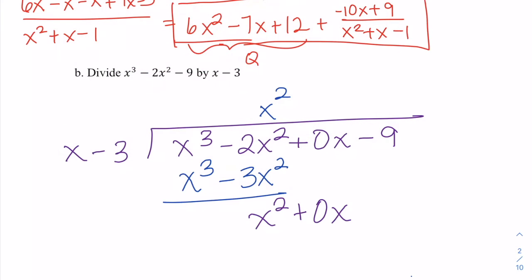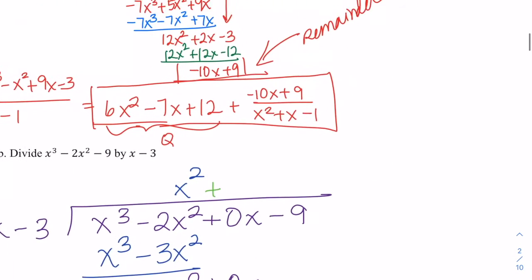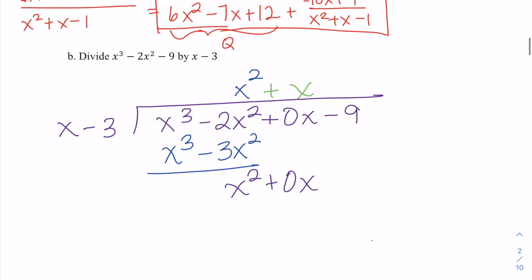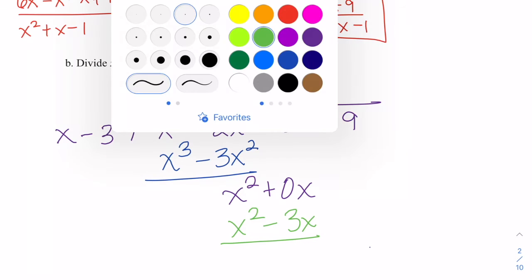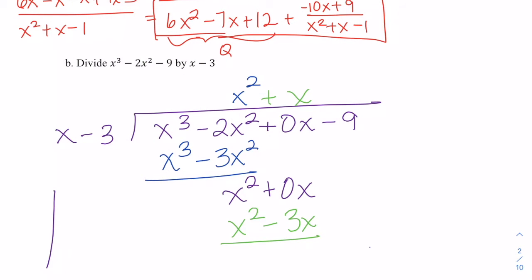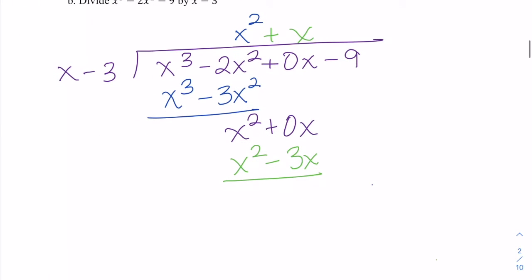Now let's multiply that by x. So we'll have x squared, and here we'll have minus 3x. We're still subtracting going down, so this is going to become positive 3x.